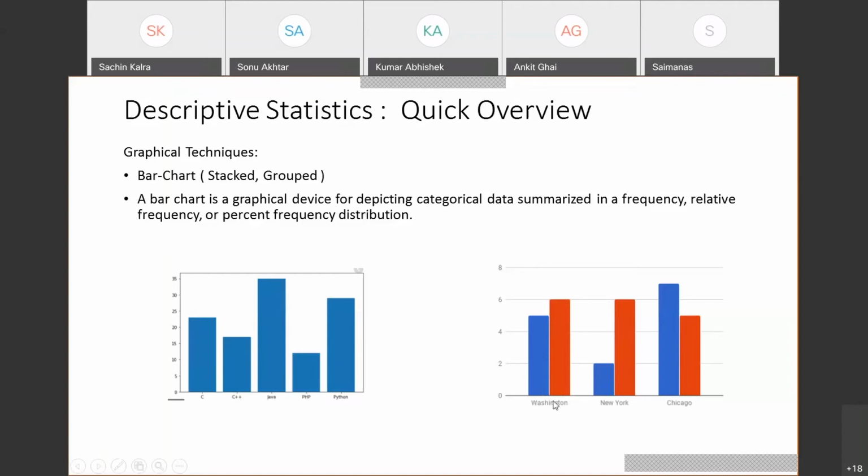Now, how do we construct this bar chart? As I showed earlier, you get the total unique categories on one side, you get the frequency or the count, but then you can calculate the relative frequency, which is the number divided by the total, and this will add up to 1. Maybe you can plot this relative frequency here, maybe on the x-axis, maybe on the y-axis, or maybe this count here.